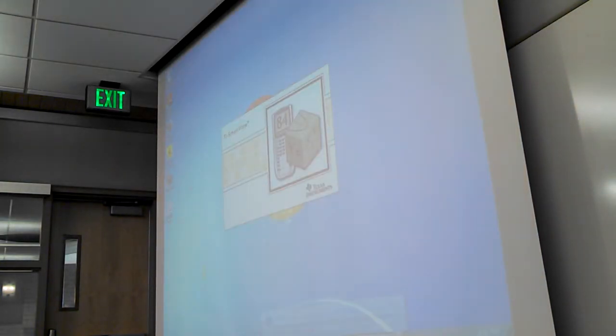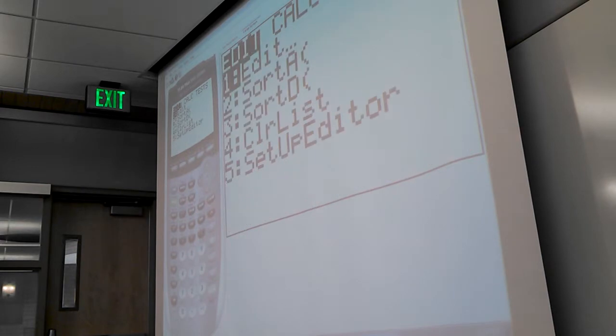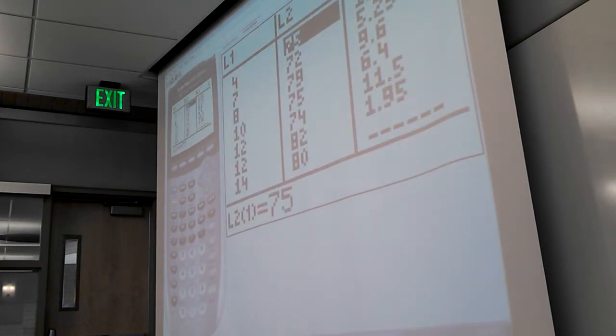Let's try this. If you have a calculator, you can try this out with us. If you don't, then I'd like to see you try. Here's the stuff from last time. So that's kind of like what I'm talking about there. Just go into list 1 and list 2.